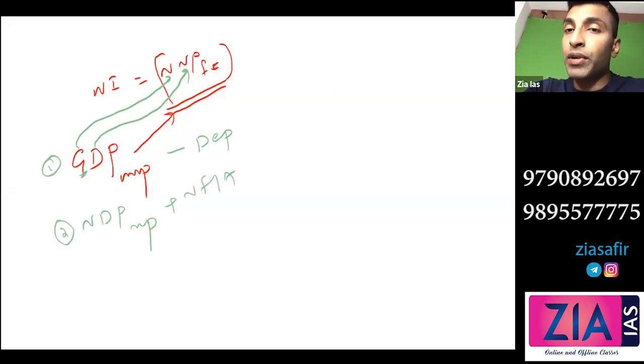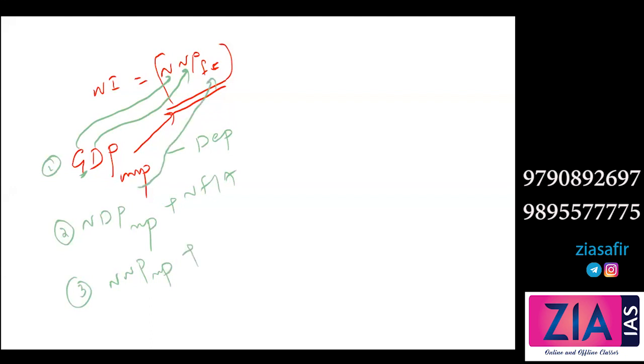Now when you do this, what you get is NNP at market price. Now this market price you need to convert to factor cost. How can we do that? Plus or minus? Minus NIT, net indirect tax.